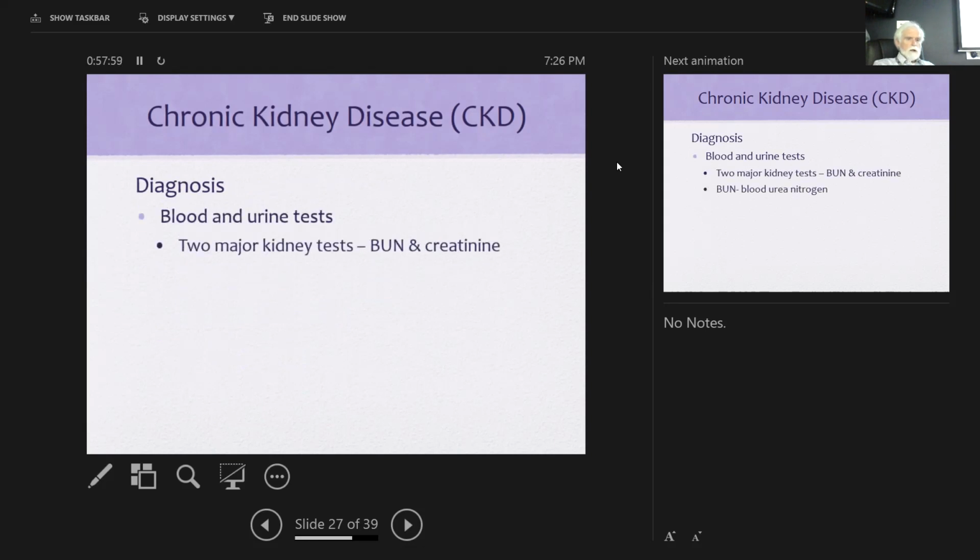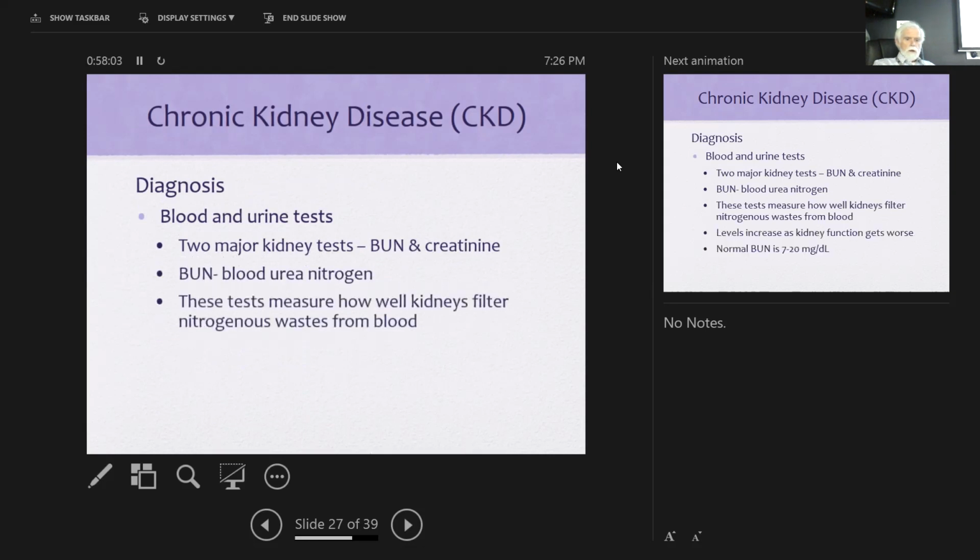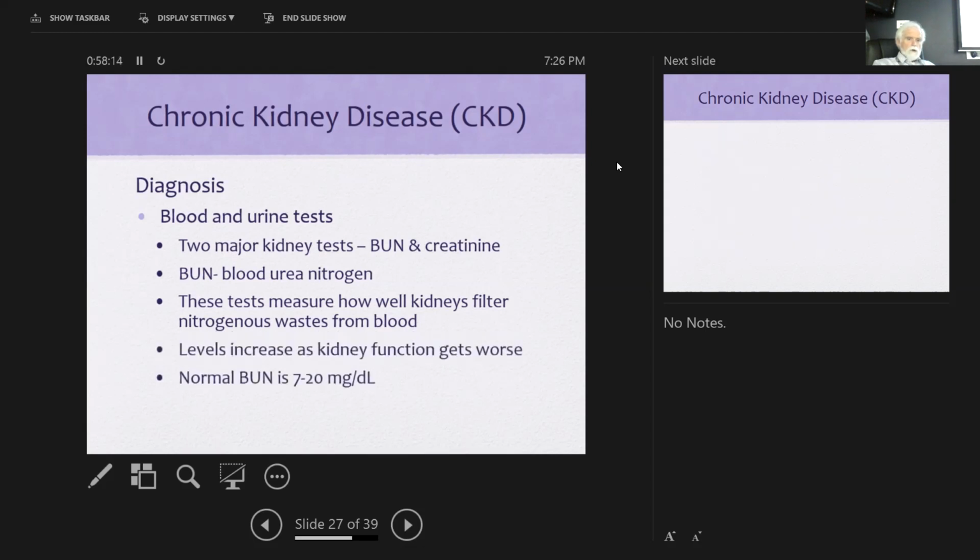We look at blood urea nitrogen, which is an important component of looking at those. Blood urea nitrogen normally is in the range of 7 to 20 milligrams per deciliter. When it starts rising above that, we start wondering what's going on.